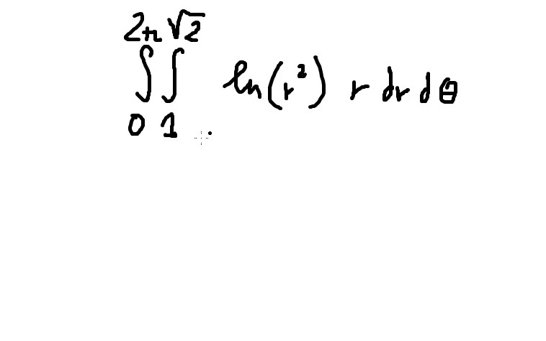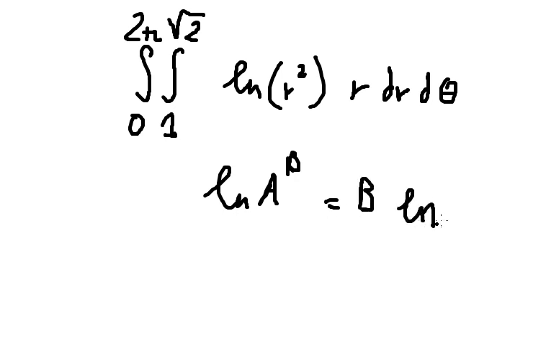And now we need to calculate this one. So we have the formula in here. A is r, B is 2. So 2 is this one, which means we put 2 outside in here.